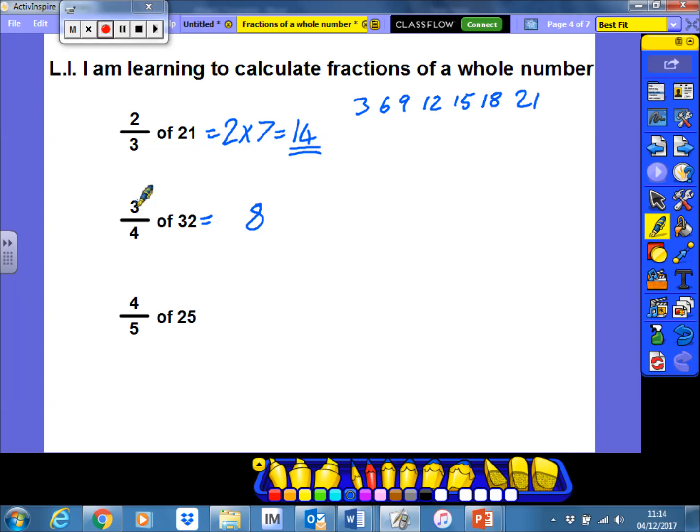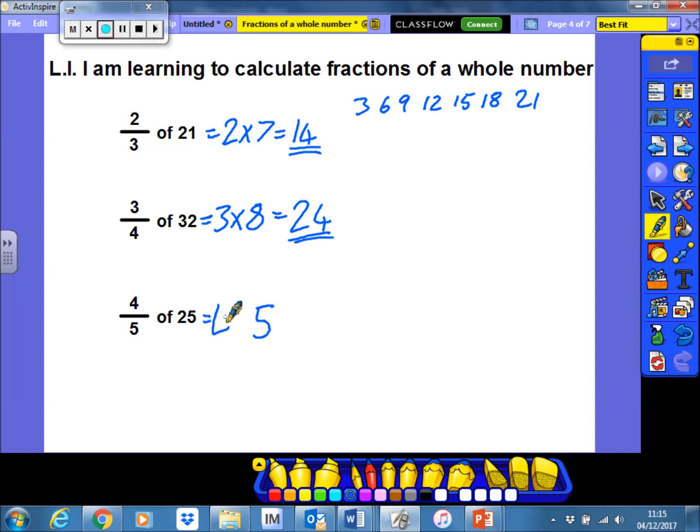So to get my final answer, I will need to do 3 times 8. And the answer to 3 times 8 is 24. Lastly, I'm going to do 25 divided by 5, and then times my answer by 4. So 25 divided by 5 is 5.